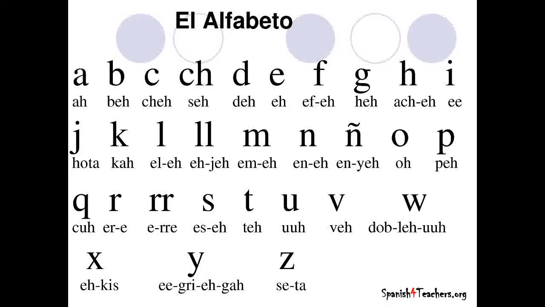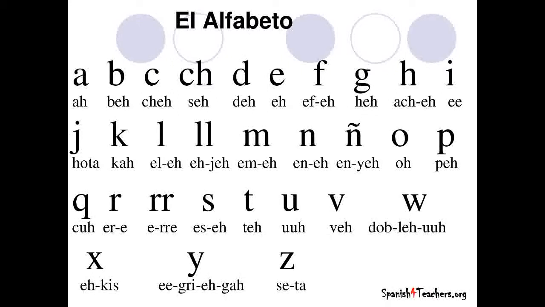The English letter N, written with a tilde or wavy line on top, is called Enye. Ñame. Ñame, yam. The English letter O is called O. Ojo.